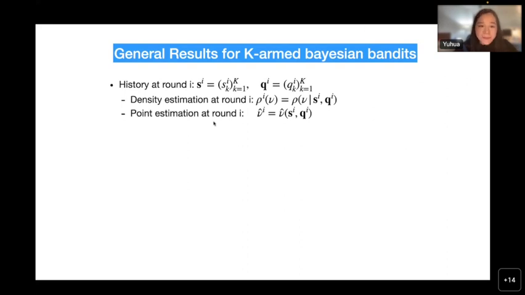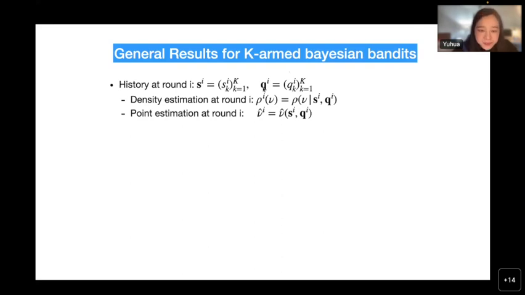And for the PDE limit, here is the setting. We use S and Q to represent history up to round i: S represents the cumulative reward of each arm up to round i minus 1, and Q is the number of pulls for each arm up to round i minus 1.